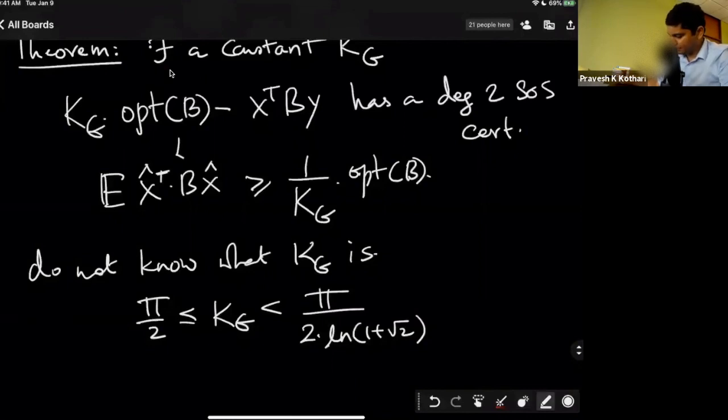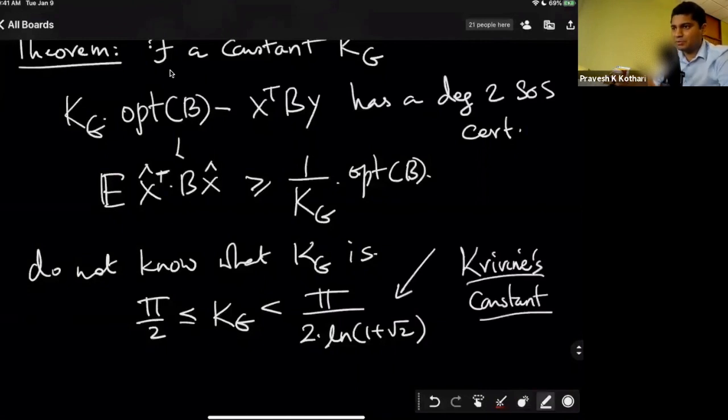So today I'm going to prove to you the inequality with this as the value. And we're going to call this Krivine's constant. In fact, the proof I'm going to present will be the algorithmic version of a super elegant proof that Krivine came up with.